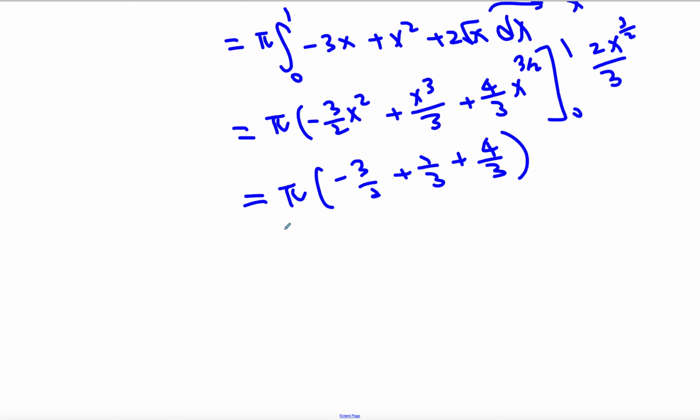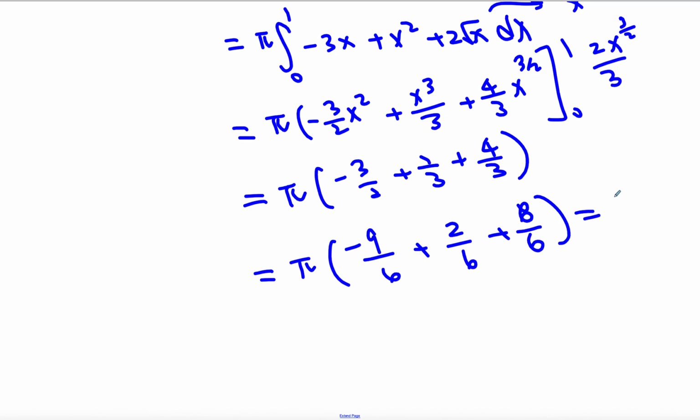Then we can have the denominator of 6 here: negative 9 over 6 plus 2 over 6 plus 8 over 6. So we get pi times 1 over 6. In other words, pi over 6 becomes our final answer.